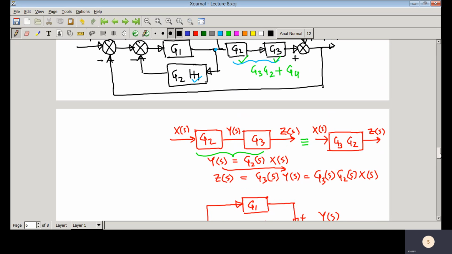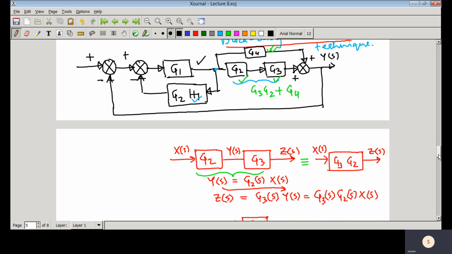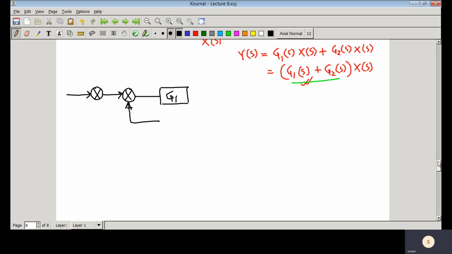This part I keep as it is, this particular part G1, and in the feedback you have G2 into H1, G2 into H1, and this is the tapping point. Here you have the tapping point.